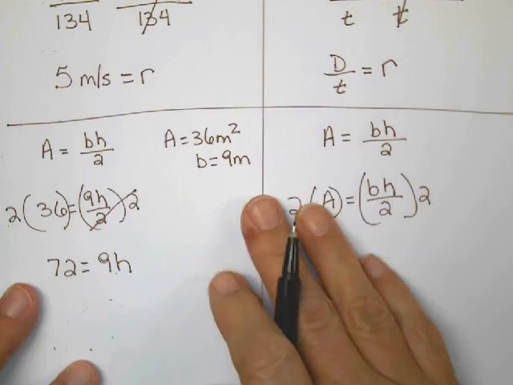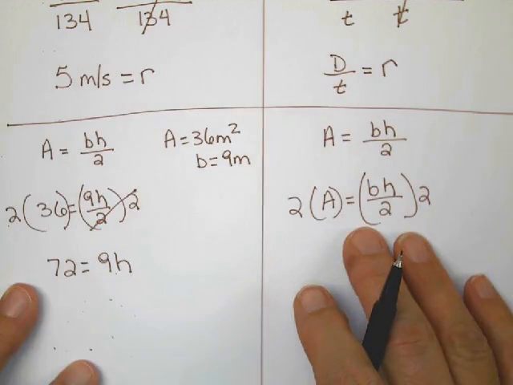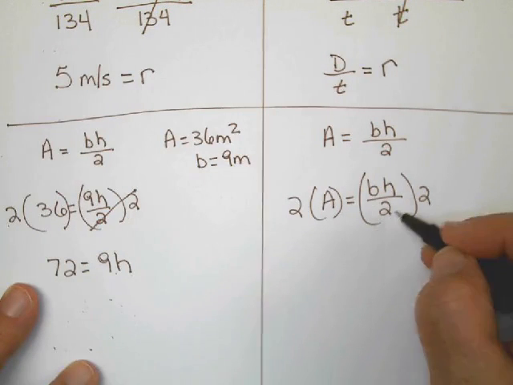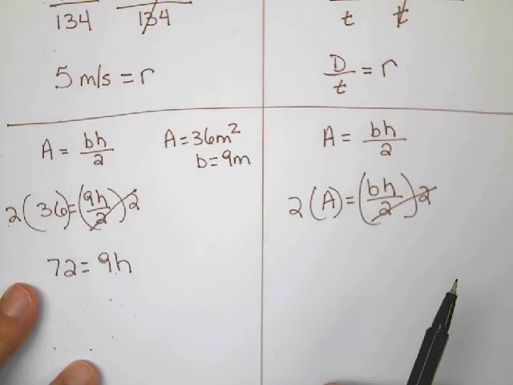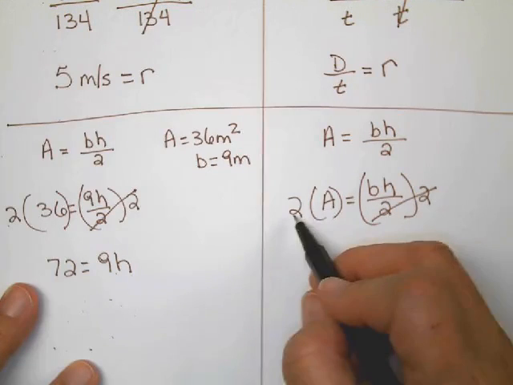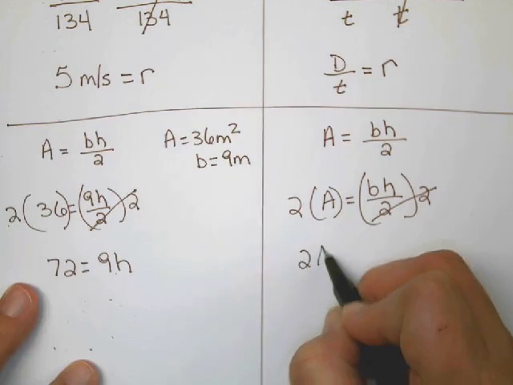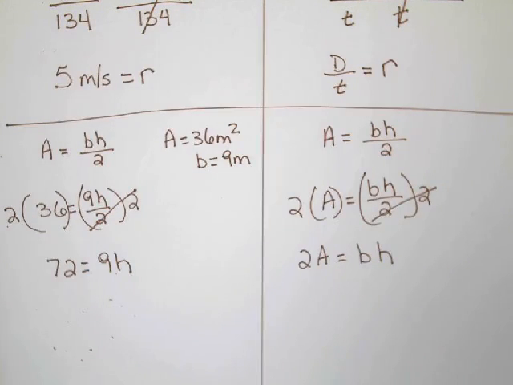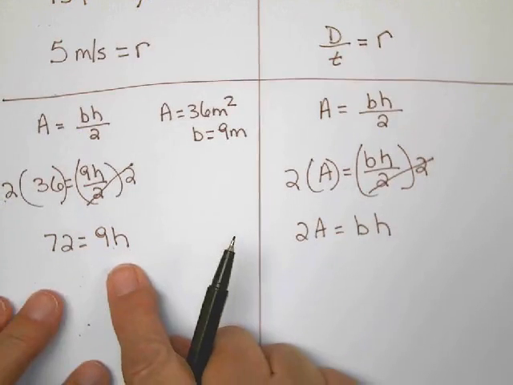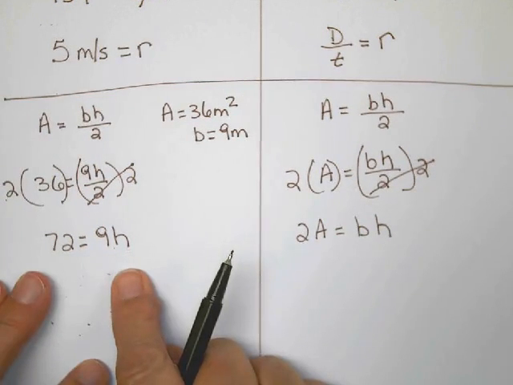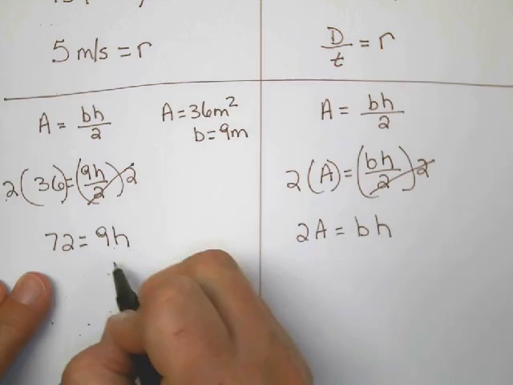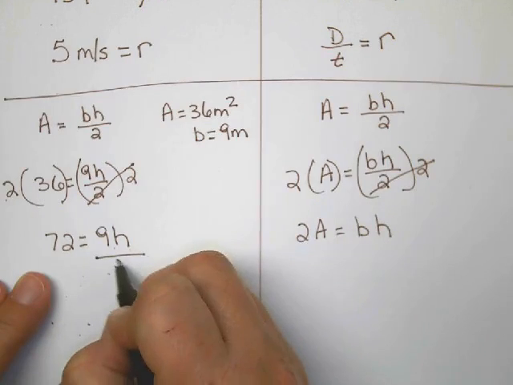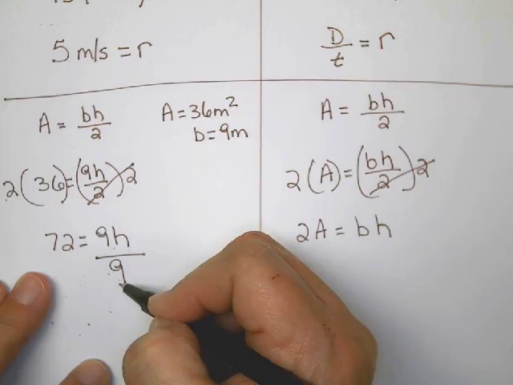Well, now let's go do that same math on this side. So 2 divided by 2 is 1. And I'm left with 2 times the area equals the base times the height. Now to finish this thing out and isolate this h and make it 1h and not 9h, that means that I have to divide that by 9 because I need that to be 1.